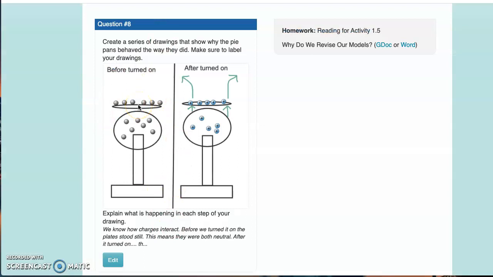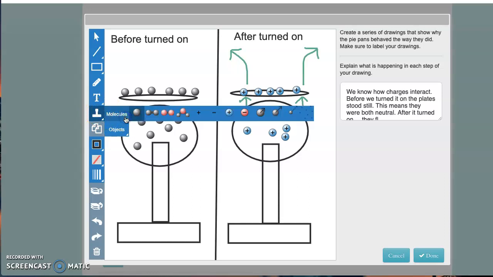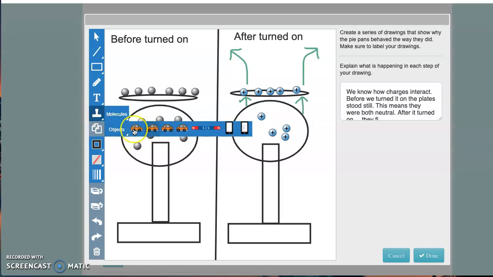Again, we should be showing charges, either positive or negative. If you go in here, you can use different size text. I like to remind you guys to use these stamps because it has molecules and different objects right here.